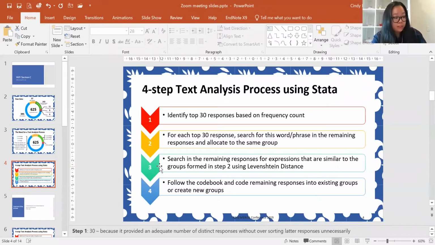Out of these, we have 328 responses that are unsorted. 15 of those have 2 counts. The remaining 310 responses only have 1 count. None of these unsorted responses after step 3 really represent items that have a big value. They have a low frequency because the top 30 responses have already been allocated.